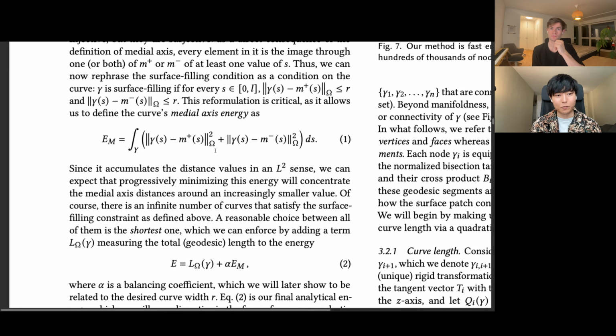If you choose Euclidean distance, then of course the computation is really fast, but you'll end up with the medial axis computation messed up by the nearby regions that are not locally connected. Whereas if you use geodesic distance, you don't get this kind of artifacts, but the downside is that the computation is really slow.